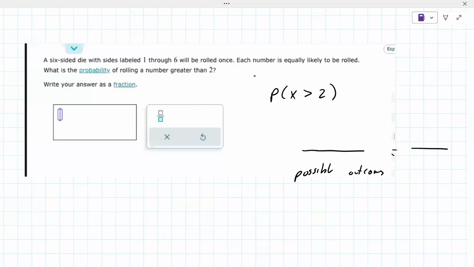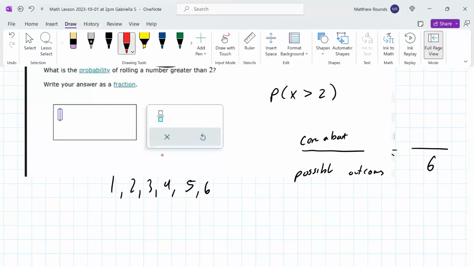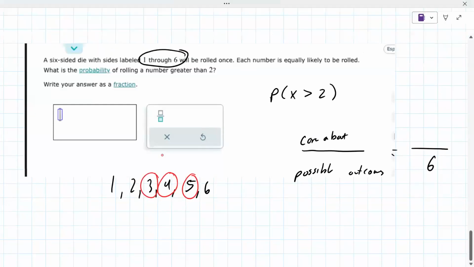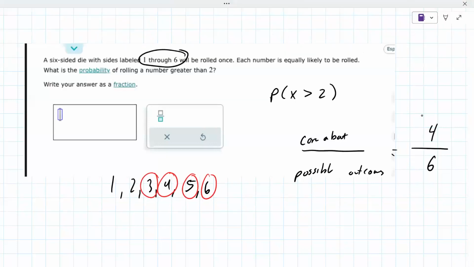In this case, when you roll a die with 1 through 6, there are 6 possible outcomes. You probably know that. And then there are the ones that you care about. If you look at 1, 2, 3, 4, 5, and 6, which of those are greater than 2? 3, 4, 5, and 6. And how many of that? Well, it's 4. You do need to simplify your fraction to 2/3 when you do this.